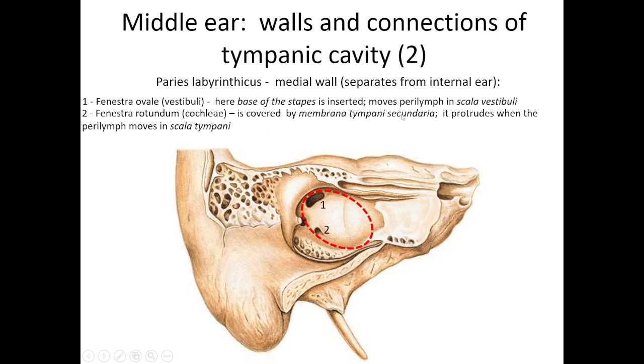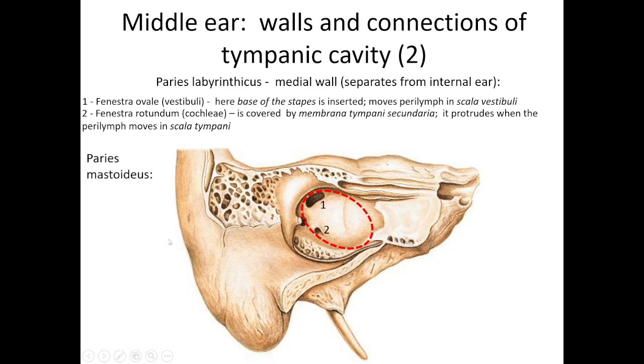It is covered by membrana tympani secundaria, and it protrudes when the perilymph moves in scala tympani. So it is two openings on paries labyrinthicus.